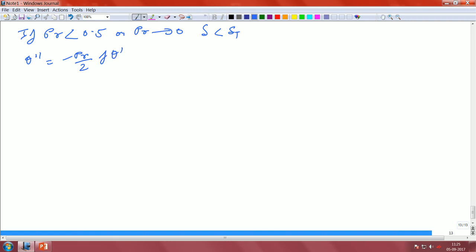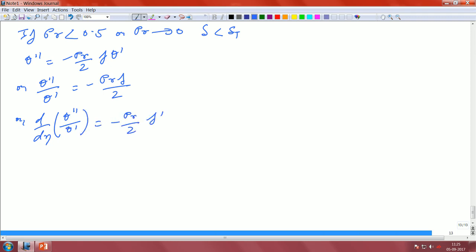becomes this, or in other words theta double prime by theta prime becomes equal to Prandtl number into f by 2, or in other words d by d eta of theta double prime by theta prime is equal to Prandtl number by 2 into f prime. Here the interesting part is that we have basically differentiated this with respect to eta.